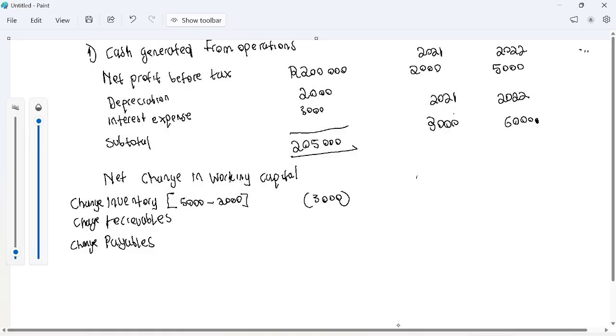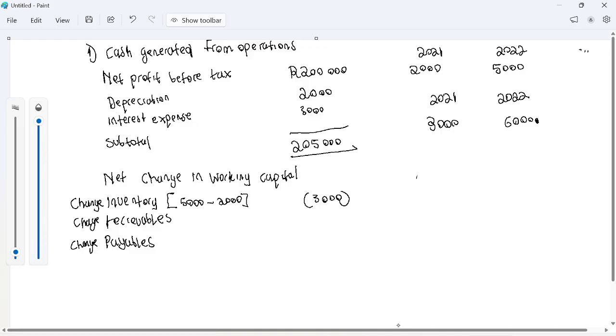If we had 6k here and 3k here, it shows that our receivables decreased. What happens when your receivables decrease? It shows that one of our customers paid us, meaning there's an inflow of money. But when our receivables increase from 3000 to 6000, it shows that we sold more on credit, which is an outflow of money, right?